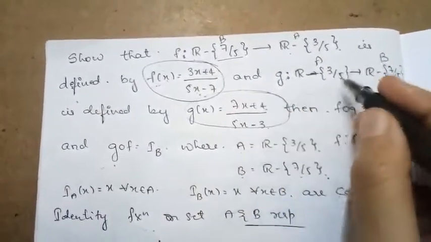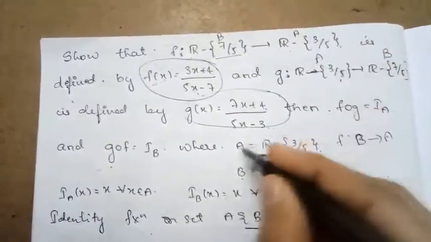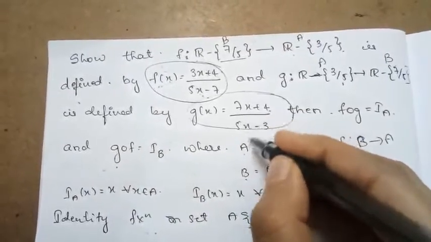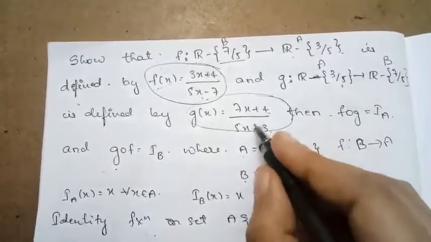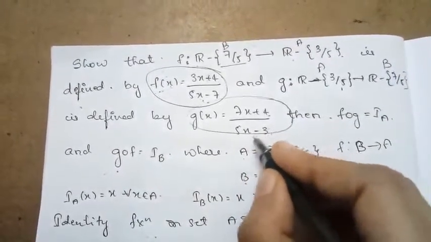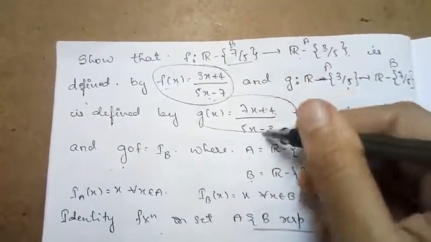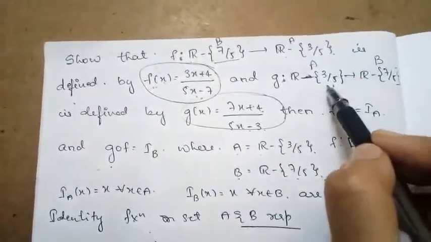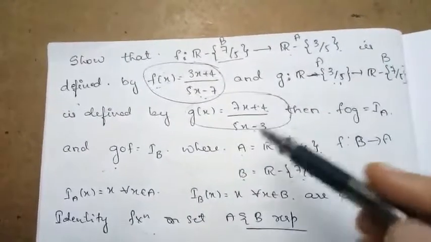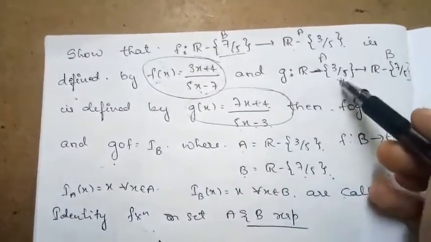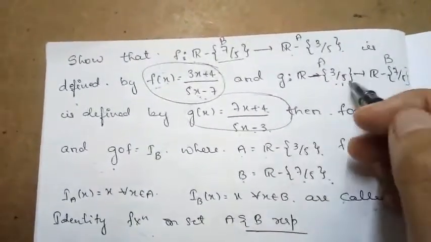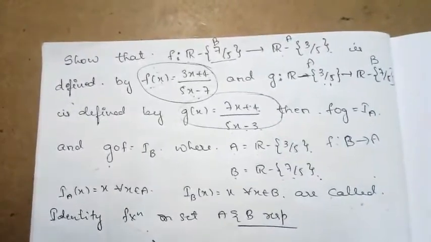Here also they have excluded 3 by 5. The reason is the same: if I input x equal to 3 by 5, the 5 cancels, 3 minus 3 is 0, and anything upon 0 is not defined. So at this point the function will not be defined. They have excluded those points where the function would become undefined.